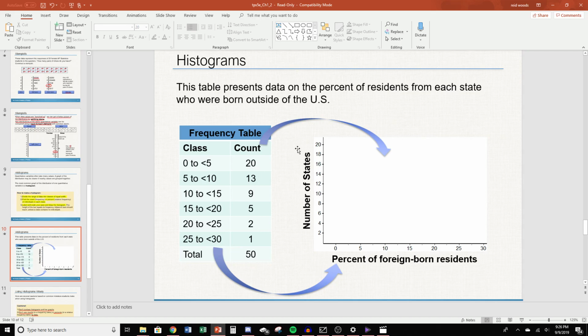So we are going to have our widths over here, and then our counts. Now the counts aren't something that you'd actually be plotting, or you wouldn't type these into a list or spreadsheet on your technology. This is just what they did. They made the class widths and they went through and counted everybody that's within 0 to 4, or less than 5, and they found 20, and so on and so forth by these widths.